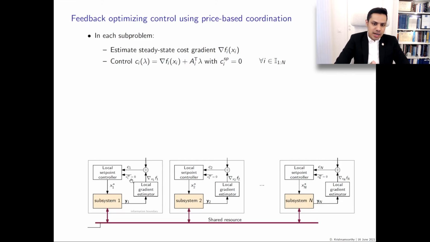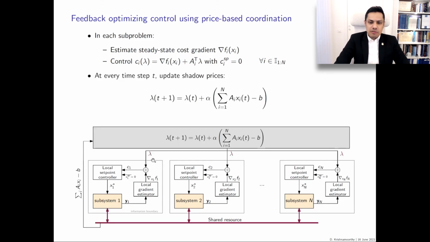And at every time step t, using only the shared resource residual information, the master coordinator then updates the shadow prices using the subgradient method. Note that the subgradient method in the master coordinator is nothing but a simple integral controller, right? So this drives the coupling constraint to 0, and by this, the price is updated if the supply does not match the demand, and the shadow price converges when the coupling constraint is satisfied.